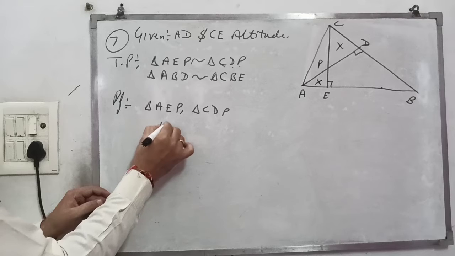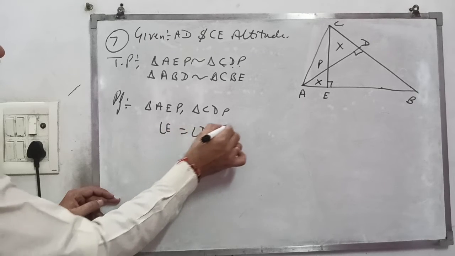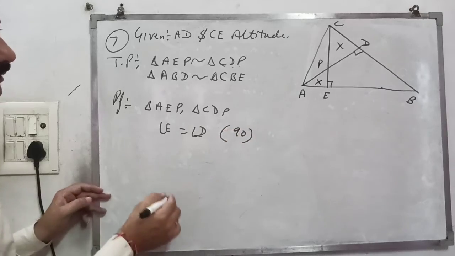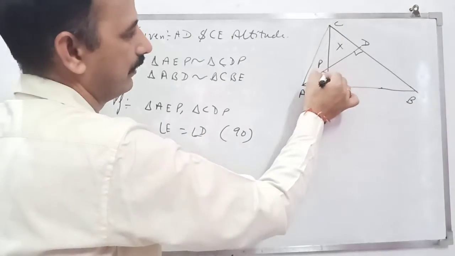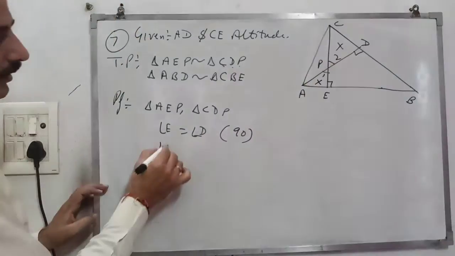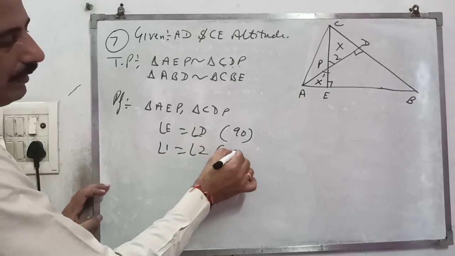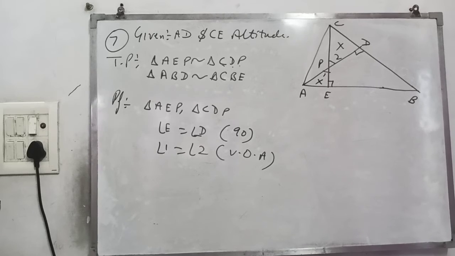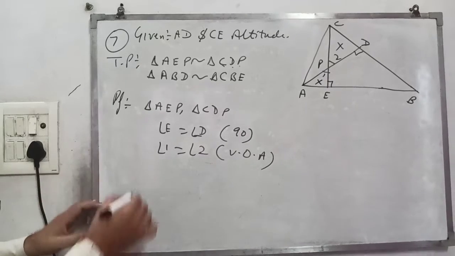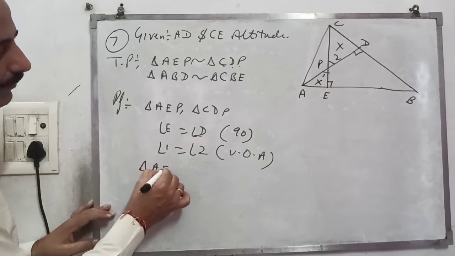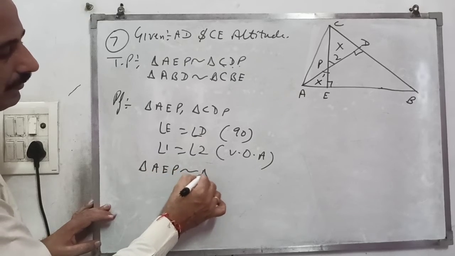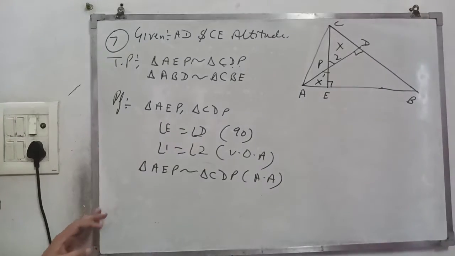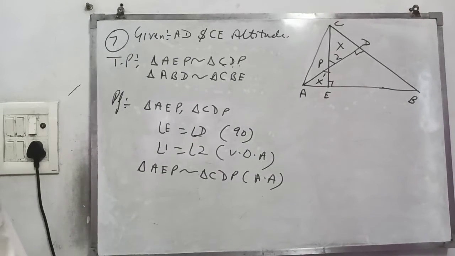Angle E is equal to angle D because 90 degree, right? And angle 1 equal to angle 2, they are vertically opposite angles. So triangle AEP is similar to triangle CDP by the AA criteria.